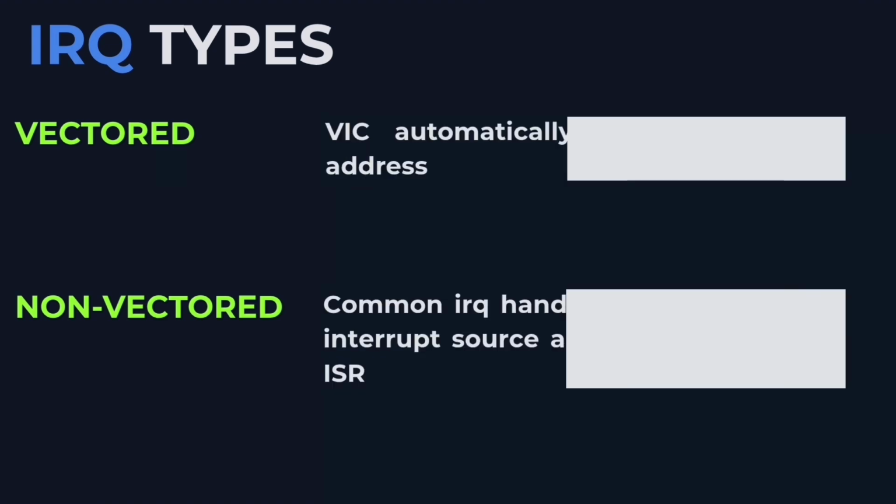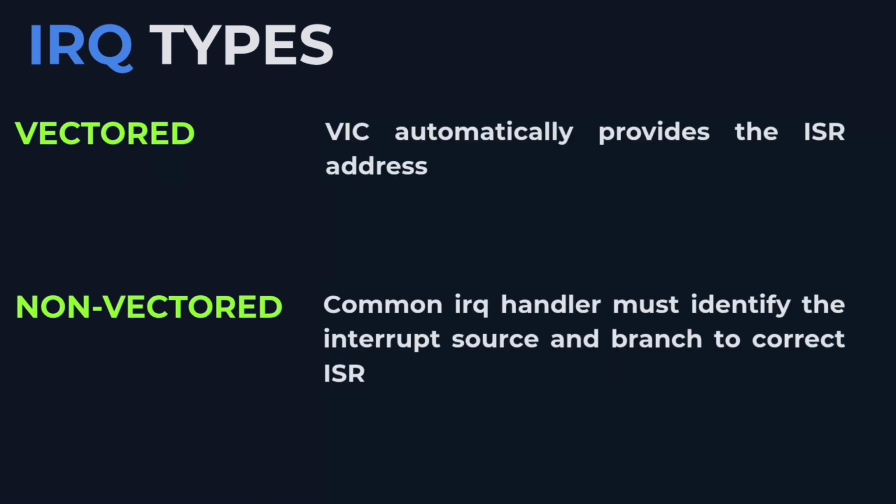In case of vectored IRQ, the controller directly provides the address of the correct ISR, so the processor can jump immediately to the required function. This makes it faster. In case of non-vectored IRQ, all interrupts go to a single common handler. Then the program checks a register to identify which interrupt occurred. This extra checking makes it slower.